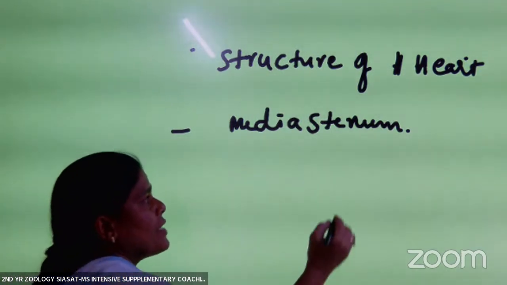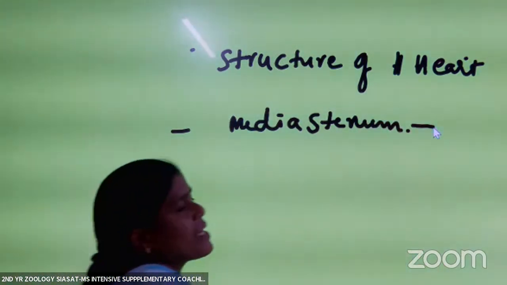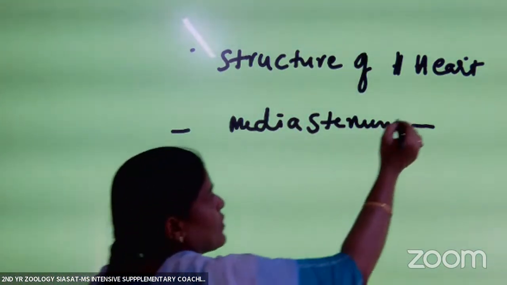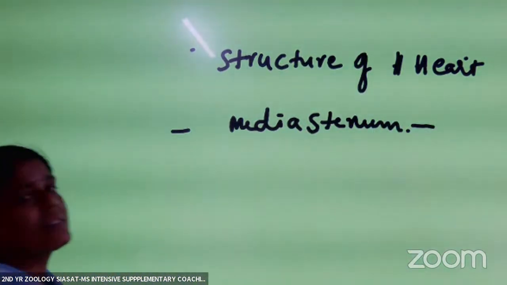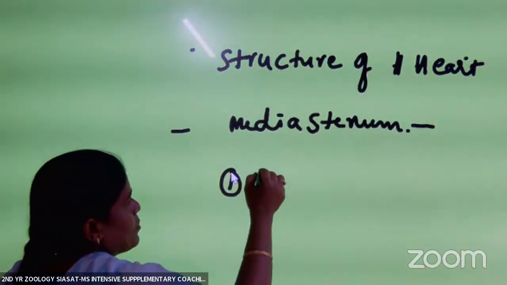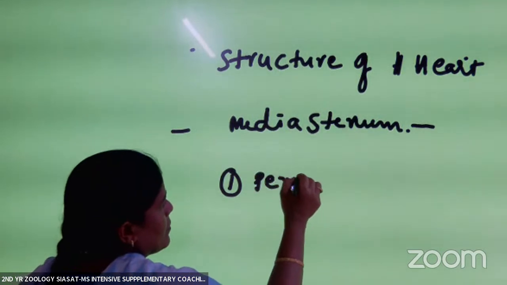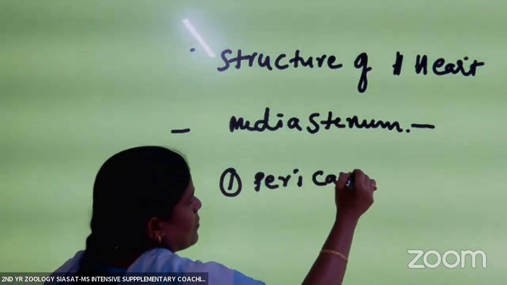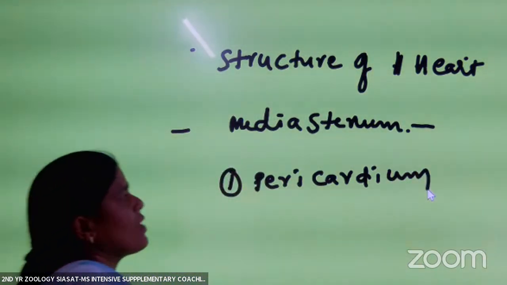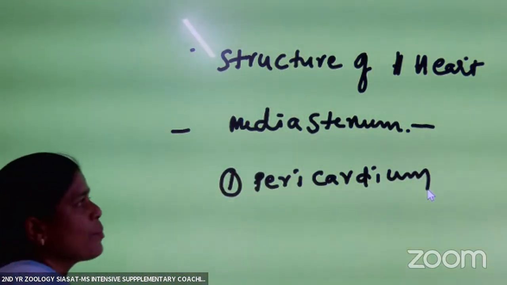It is clenched-fist size, and slightly to the left. The heart is covered by a membrane that we call the pericardium.